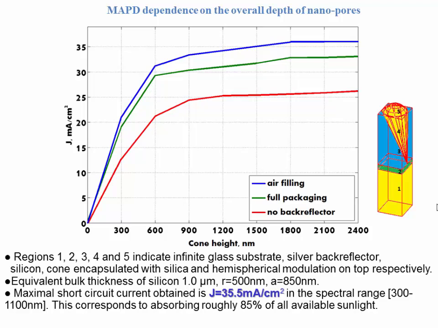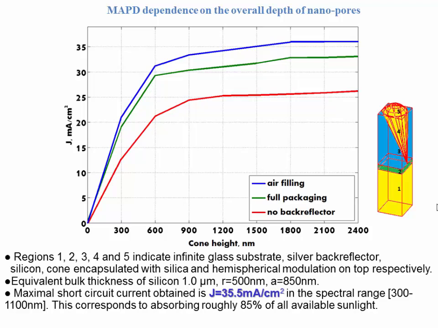In this picture, I presented the MEPD dependence on the overall depth of these nanopores for this type of structure. In this case, this structure is encapsulated with silica, and it corresponds to this green curve. We see that it behaves a little bit worse compared to the blue curve, which we obtain in the case of just air filling of this structure.